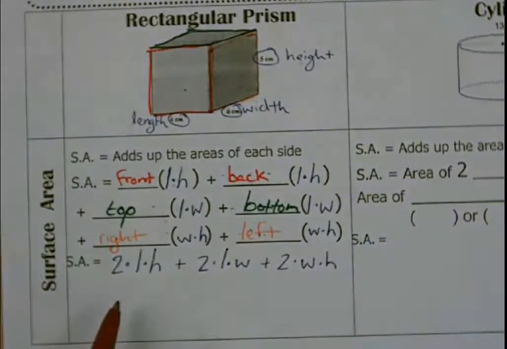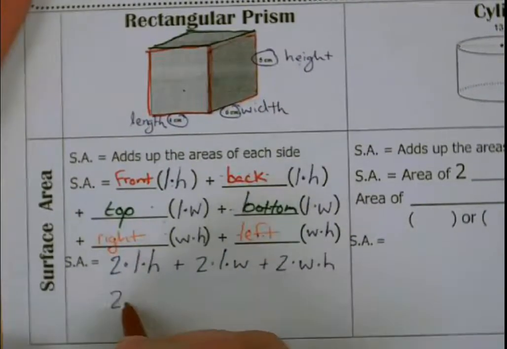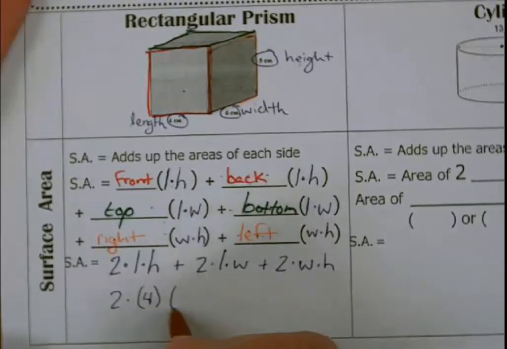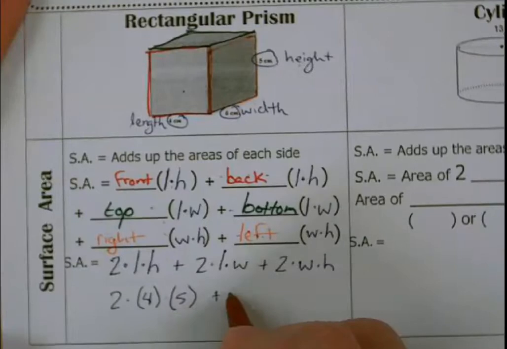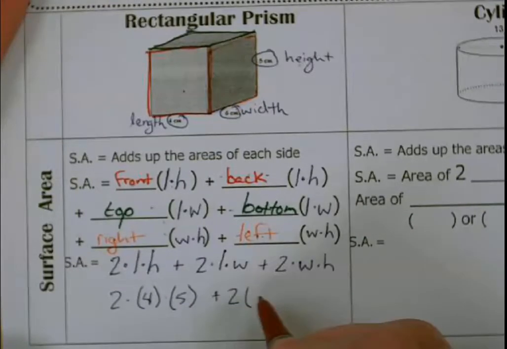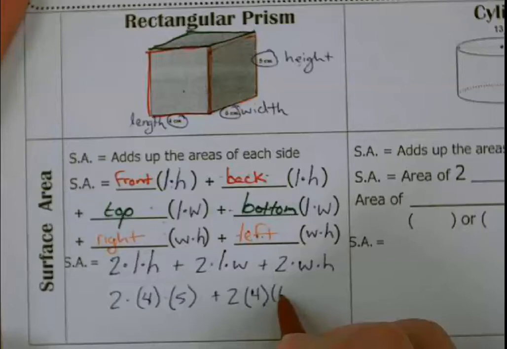All that's left to do is plug in the numbers they gave me into my formula. So my length, or L, is going to be 4 centimeters. My height, or H, is going to be 5 centimeters. And my width, or W, is going to be 6 centimeters.